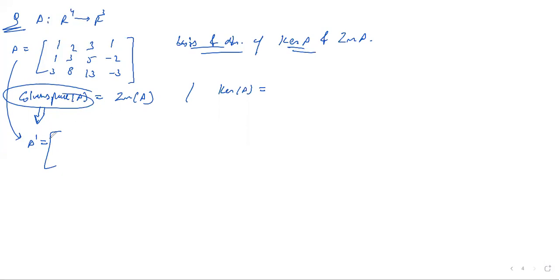So just take a transpose of it, which is 1 1 3 2, 3 8 3 5, 13, 1 -2 -3. Is it 13 or 15? Okay, it is 13. This is my transpose. Now we'll reduce it to the row reduced echelon form.